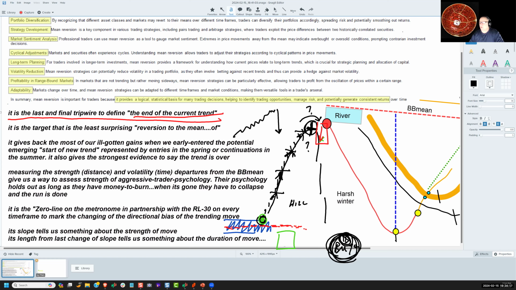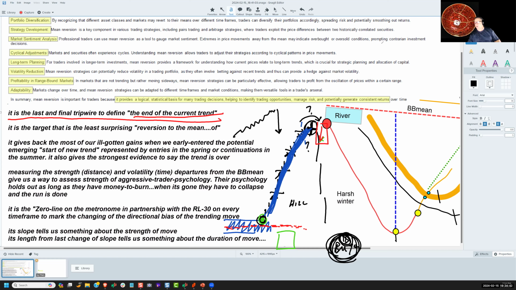One of them is the RL10. Now, the RL10 is not a good trailing stop as a boundary of price because it is actually the price. We're using that as the definition of price. So you can't have when price crosses the RL10 to get out because it's designed to be right in the middle of price.